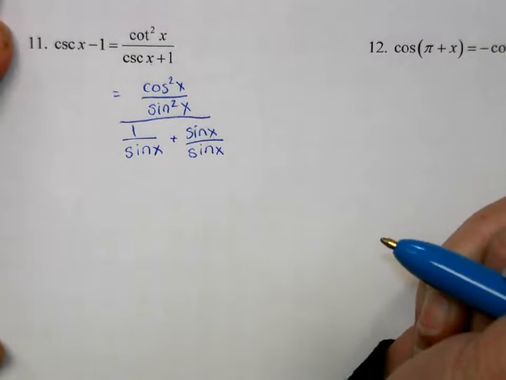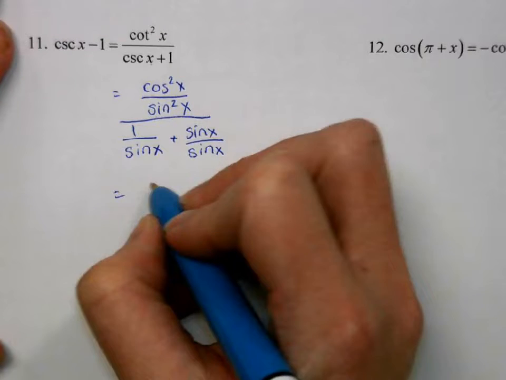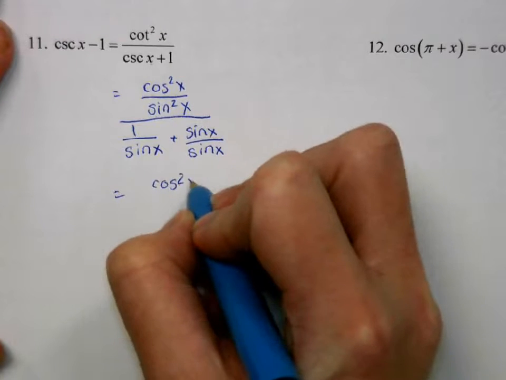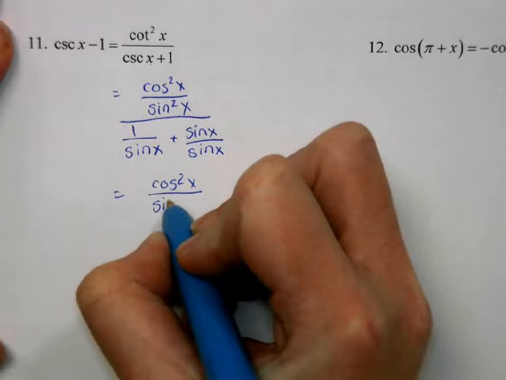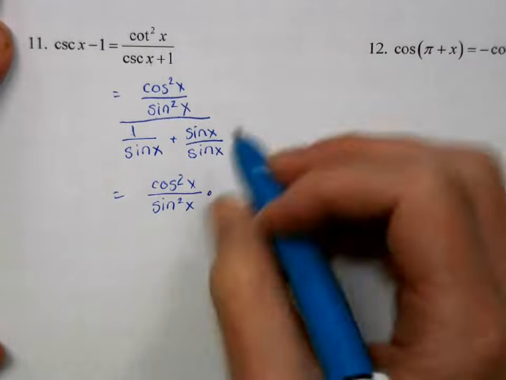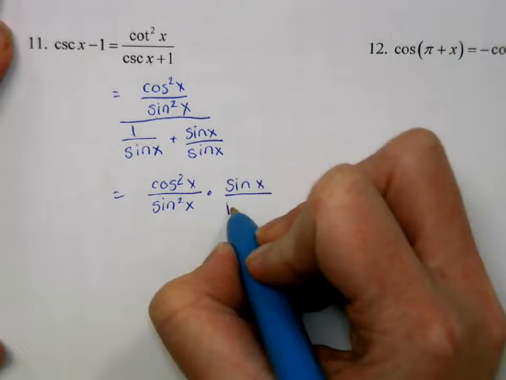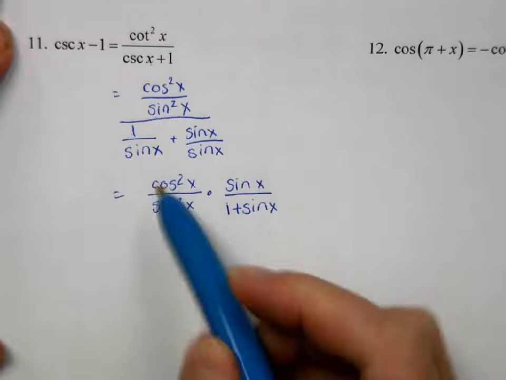Okay, then I can combine those. And actually I'm going to do two things. I'm going to add these, and then I'm going to multiply by the reciprocal of that result. So that's going to be sine of x over 1 plus sine of x, because if I combine it, we have 1 plus sine over sine.